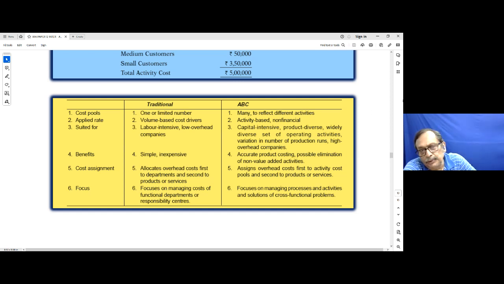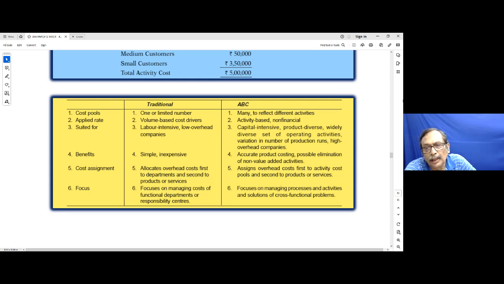So for cost pools are concerned, under traditional, one or limited number. But under ABC, many to reflect different activities. Applied rate, that is overhead rate. Under traditional, we are having volume-based cost drivers, machine hours, labor hours, like that.